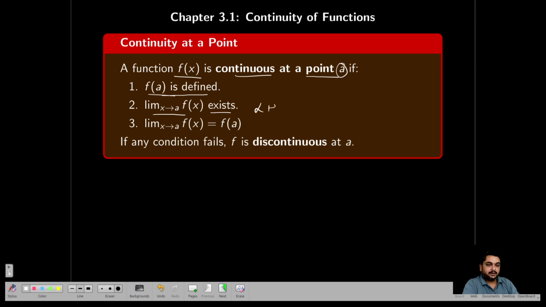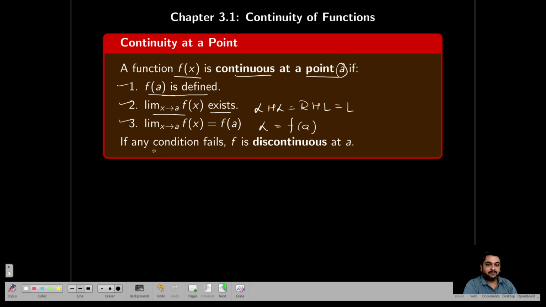That means the left hand limit and right hand limit are equal, and the limit exists and is equal to L. Third, this limit value is equal to f of A, that is L is equal to f of A. If all these three hold together, then only we call the function continuous at that point A.